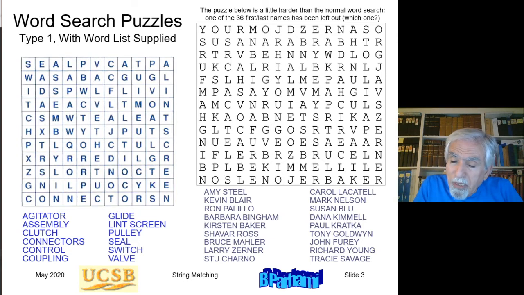So let's start with the straightforward version, the one shown on the left. A word search puzzle is basically a two-dimensional grid of letters. And then there are a bunch of clues that are written underneath the grid. And these are the words that you should search for. So word search means you're searching for words.